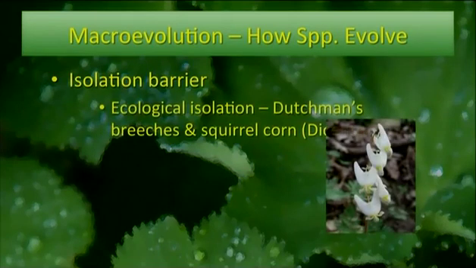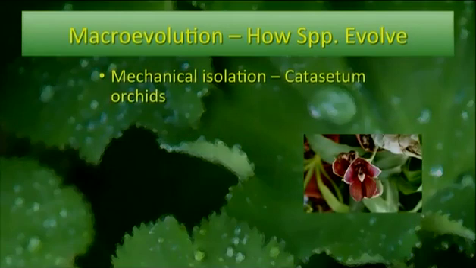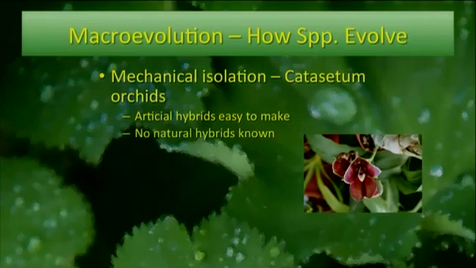Okay, then we can have ecological isolation, such as Dutchman's breeches and squirrel corn. Okay, they look very similar to each other, but they live in different kinds of ecologies and different ecological niches. We have mechanical isolation, such as Catasetum orchids. Okay, artificial hybrids are easier to make, but actually no natural hybrids are known, because they're mechanically isolated, because the insect that fits into a particular flower and allows it to hybridize does not allow it.